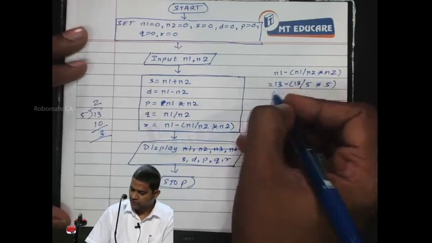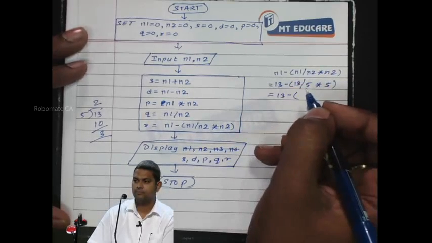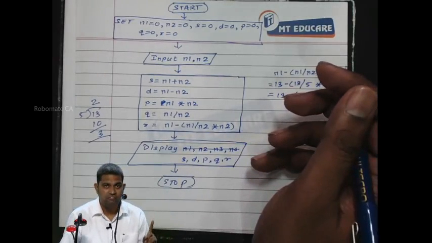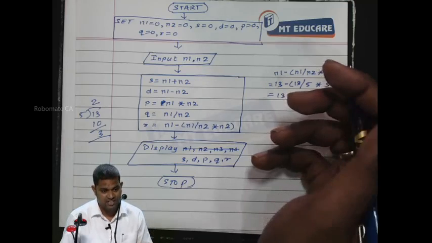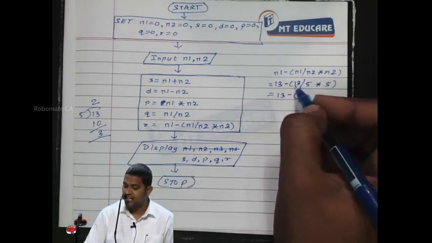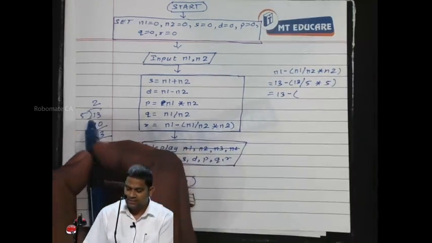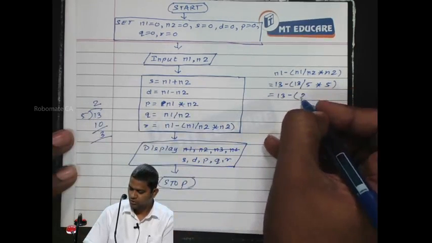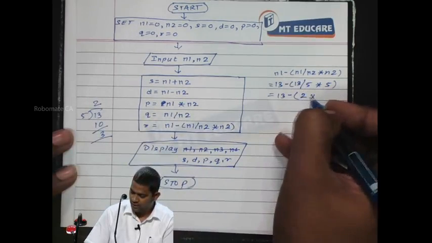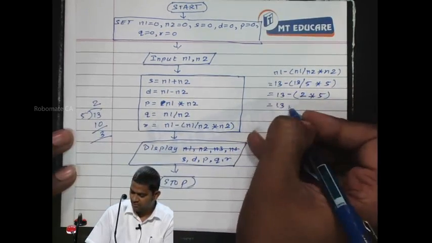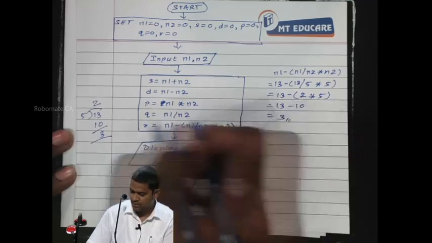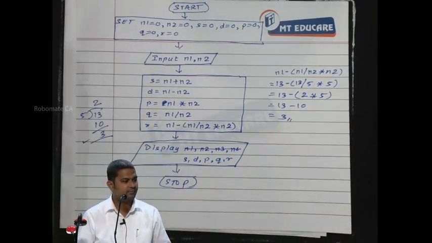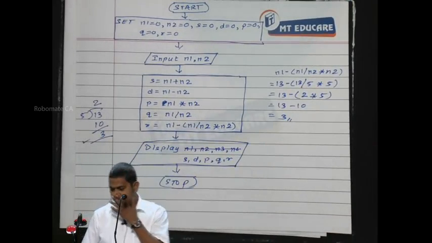Now check, which is equal to 13 minus, as per BODMAS rule, multiplication or division, whichever comes first from the left hand side. So first I have to say 13 divided by 5. What is the quotient? 2. So 13 divided by 5 is 2, into 5, which is 10, so 13 minus 10 equal to 3. Are you getting it? So this is the formula for remainder.